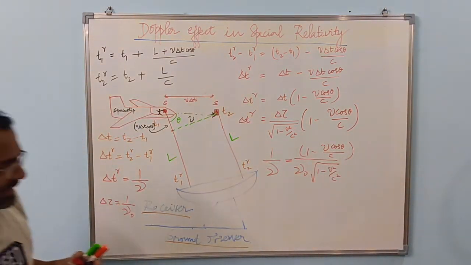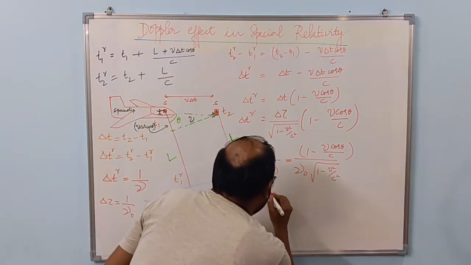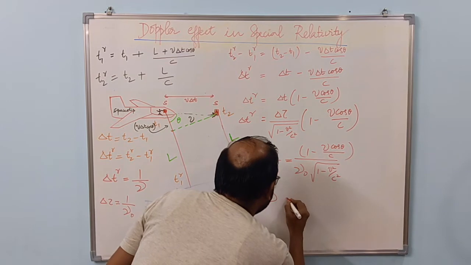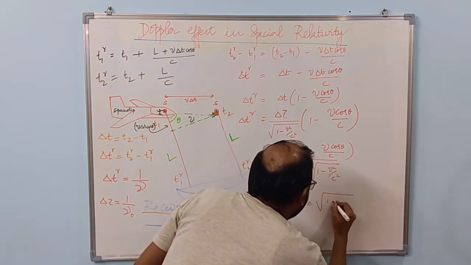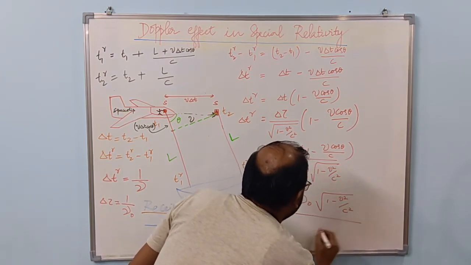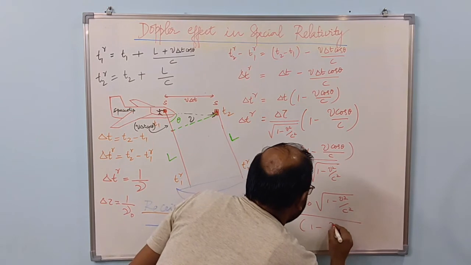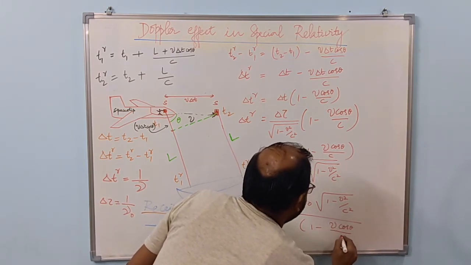Now if we invert it, we would be getting the expression for frequency, which is nu is equal to nu naught multiplied by square root of 1 minus v squared over c squared over 1 minus v cos theta by c.